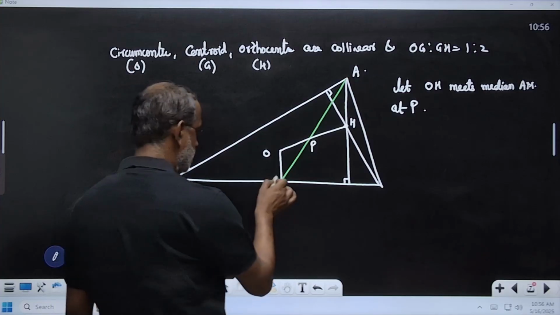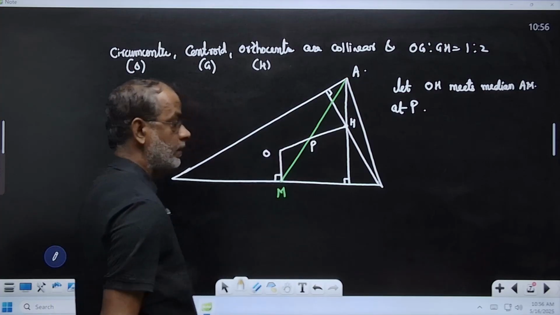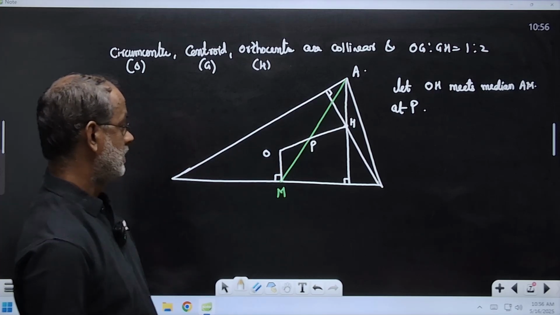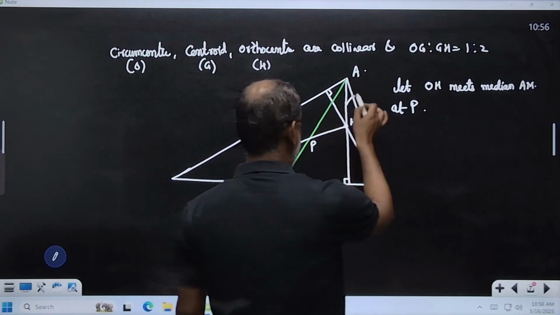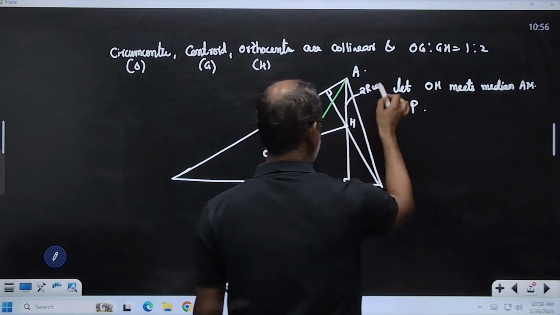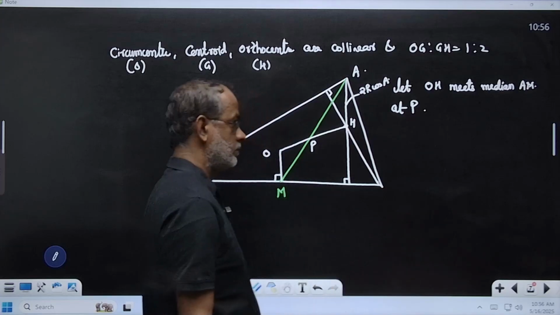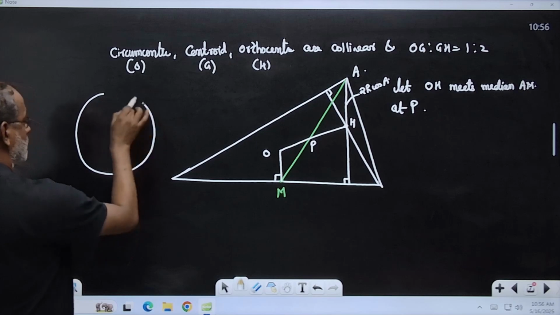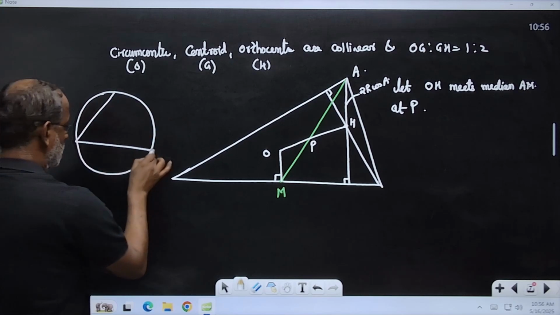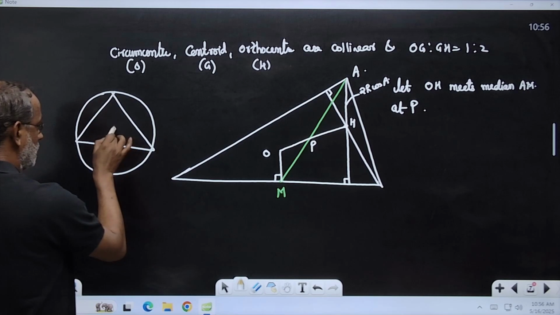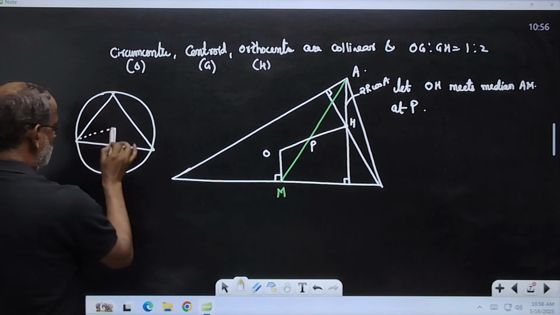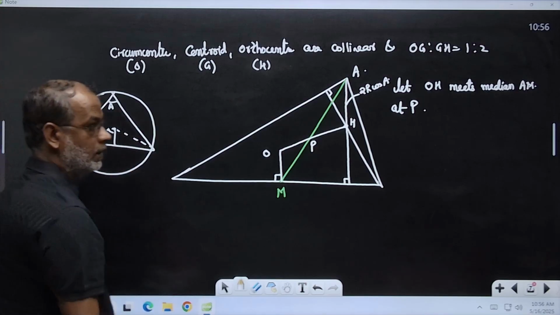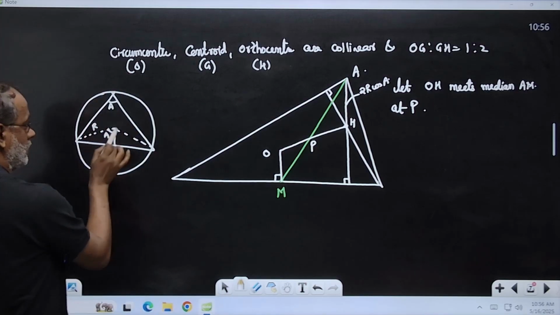This is 90. So, this will also be 90, because this is perpendicular. AH we have just calculated as 2R cos A. OM: now, in this triangle, this angle is A, this is also A. So, at the center, this is R. So, what is this?